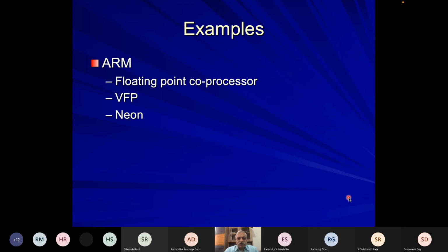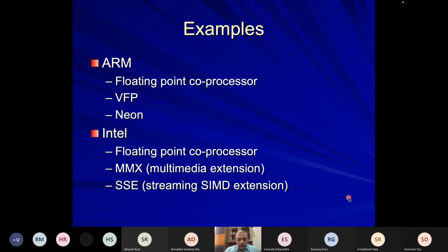Examples of coprocessors in ARM are the floating point coprocessor, vector floating point processor, and Neon processor, and Intel also has its own coprocessors.